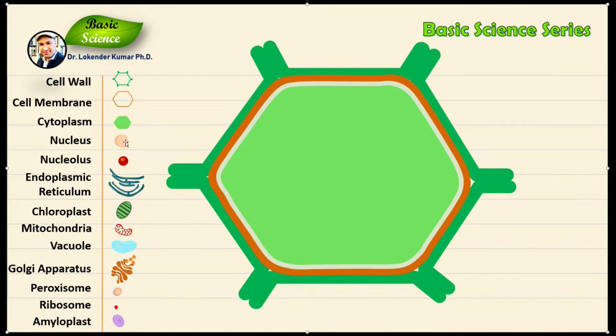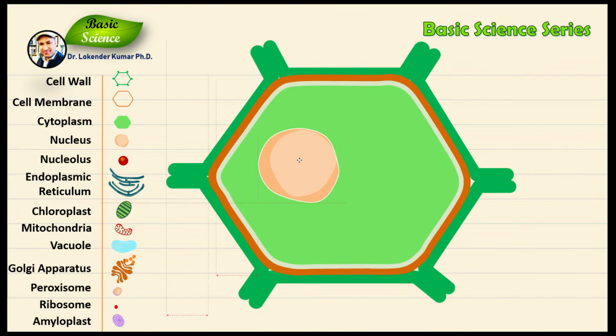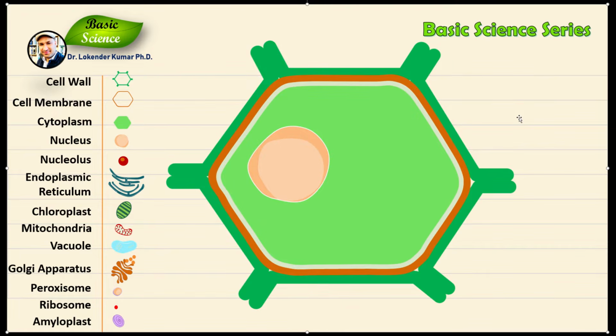Then let's bring in the important structure of any cell, the genetic material, and in this case the genetic material is present in the form of the nucleus, and the nucleus is a membrane-bound organelle. You need to remember that this structure that I'm rotating just to show you is the nucleus, and it encloses the genetic material of the plant cell. As I already mentioned, it also contains the nucleoplasm.